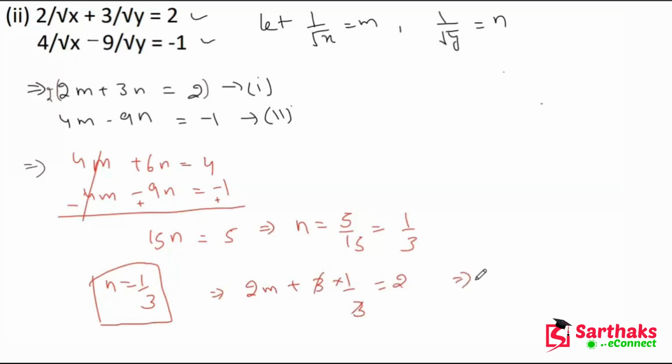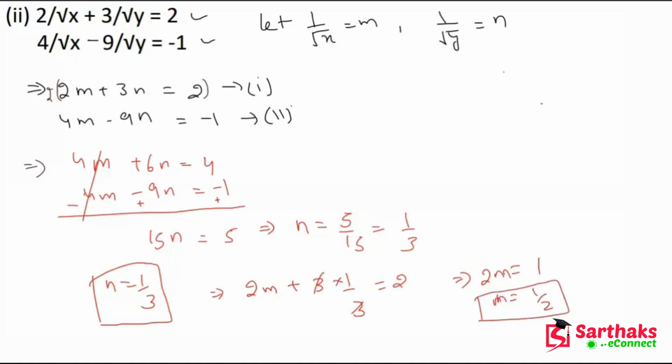Now twice of m is equal to 1, and we get m is equal to 1 by 2. So we have the value of m is 1 upon 2.